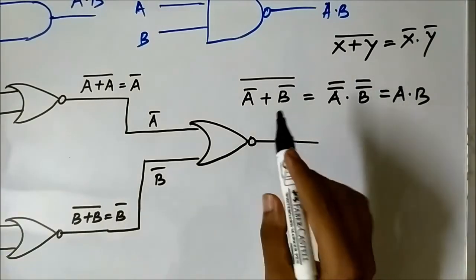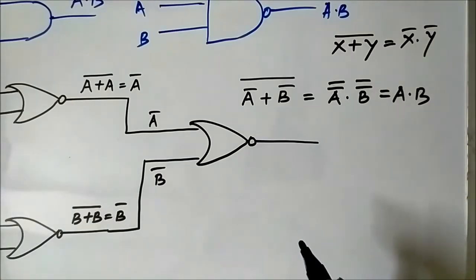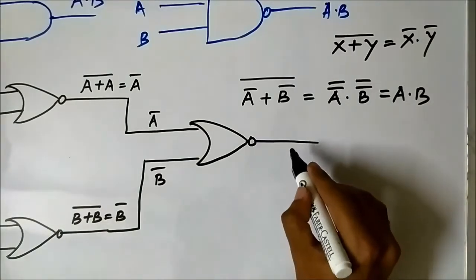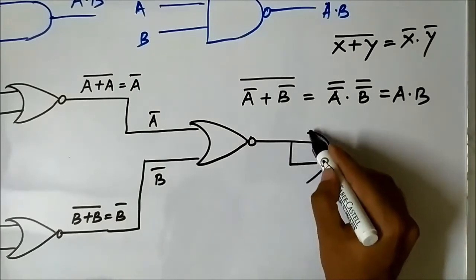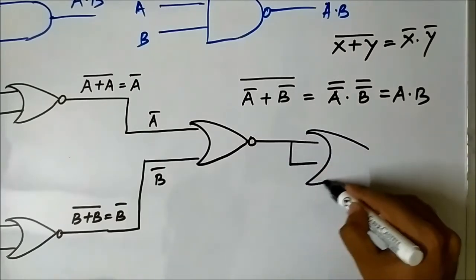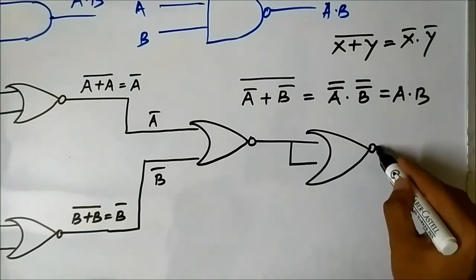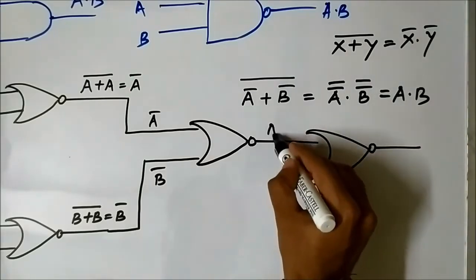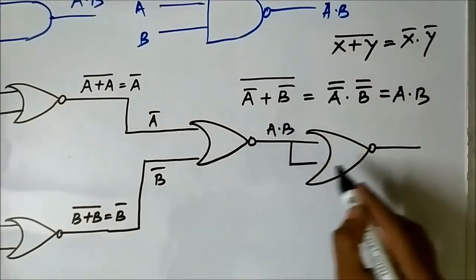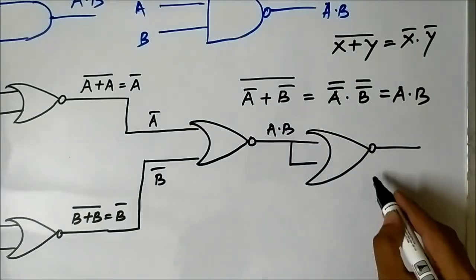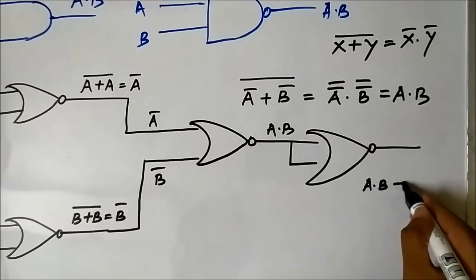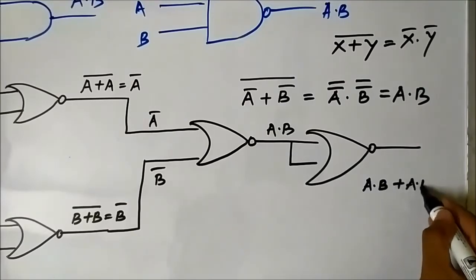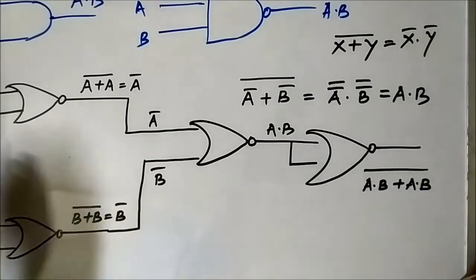Now in order to convert it into a NAND gate, what we have to do is use another NOR gate. This is A and B or A and B whole complement.